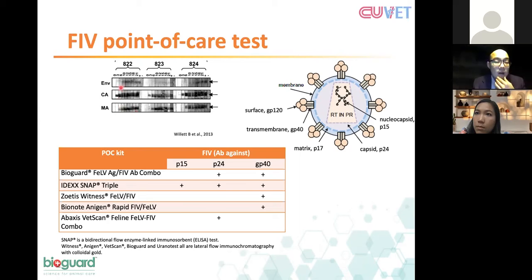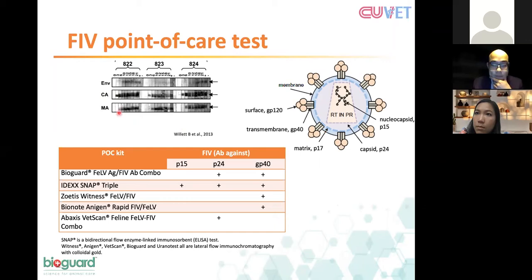It's a Western blot of cats experimentally infected with FIV, and each strip is at a different time point, with results from 3 different cats. The top row is antibody against envelope glycoprotein, gp120 and gp40. The second one is CA, or capsid, p24, and MA is matrix, p17.